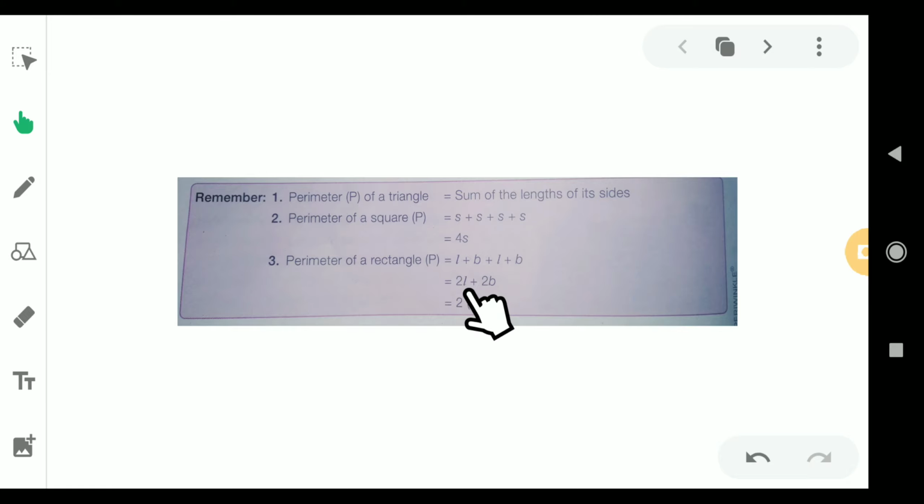In both the terms, 2 is common, so we take this 2 outside and write the L, which is uncommon, and B inside the bracket. That is why perimeter of a rectangle is written as 2 times (L plus B), or else 2L plus 2B. Both are right. Now let us solve a few problems based on perimeters of these geometrical figures.